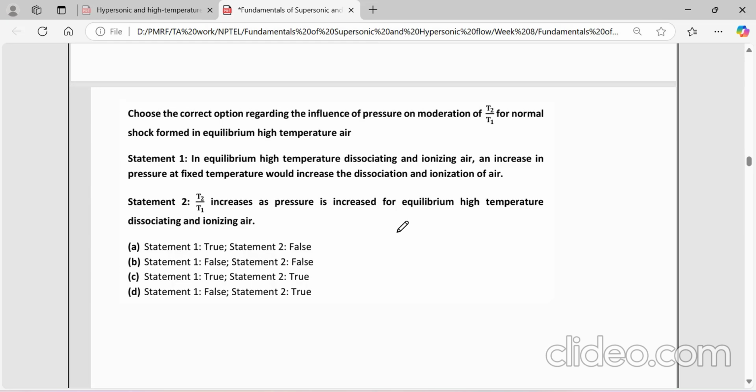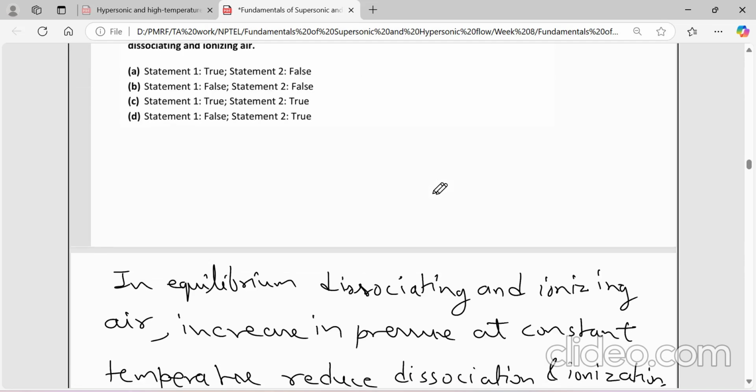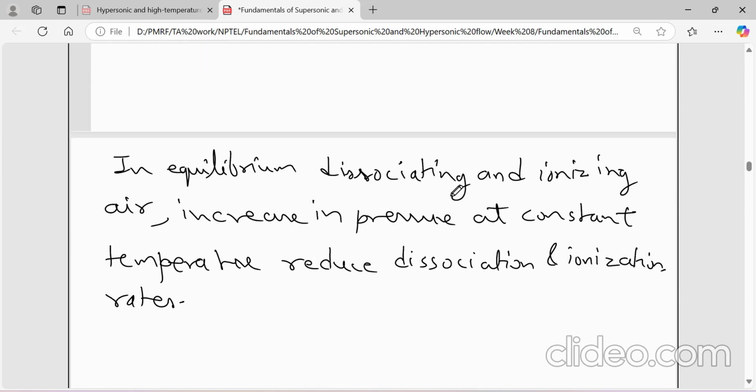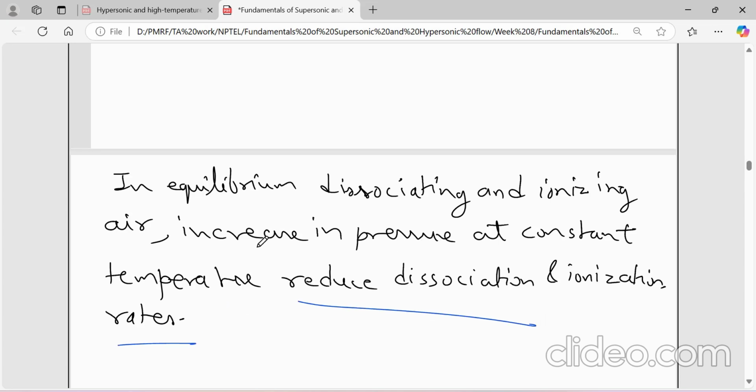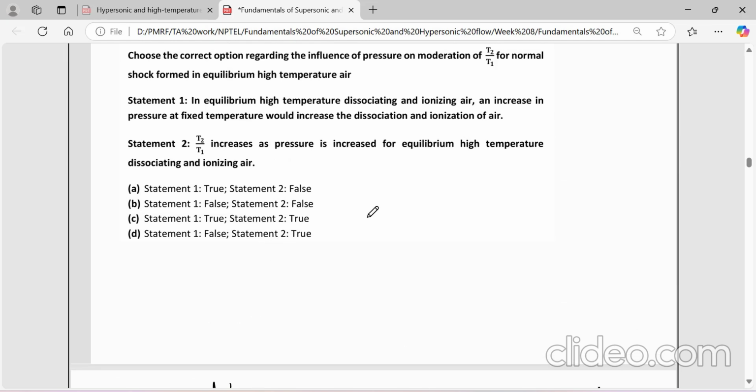You tell which statement is true and which is false. One thing is that in equilibrium dissociating and ionizing air, an increase in pressure at constant temperature reduces dissociation and ionization. So it will not increase, it will reduce. So statement 1 is false.